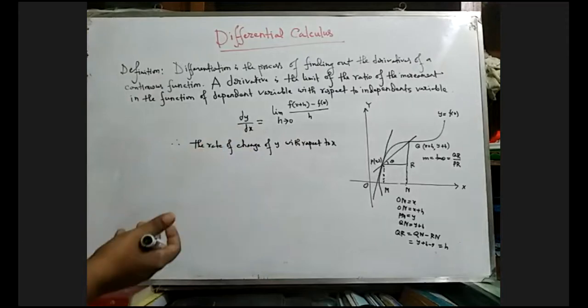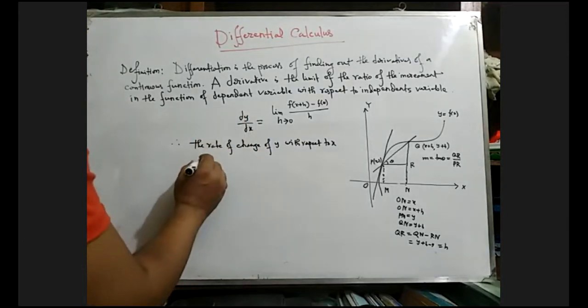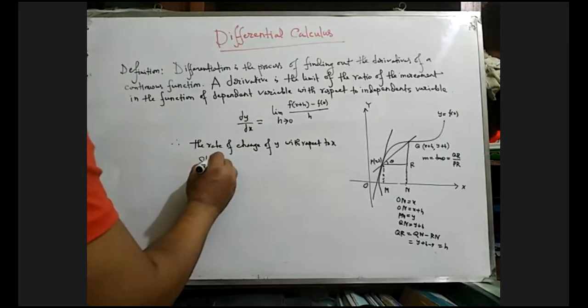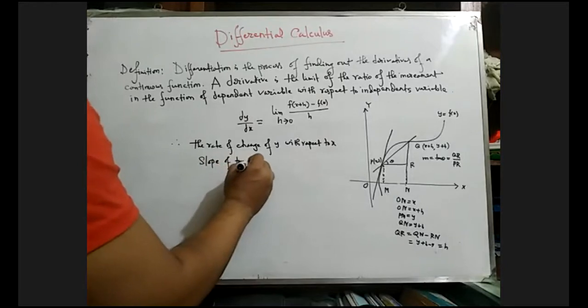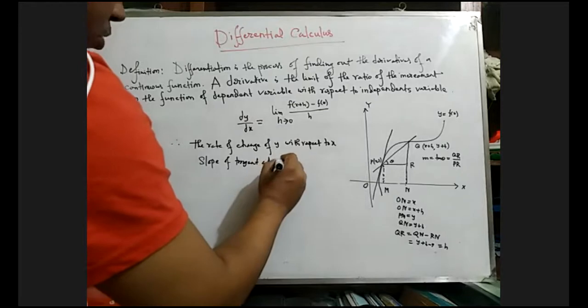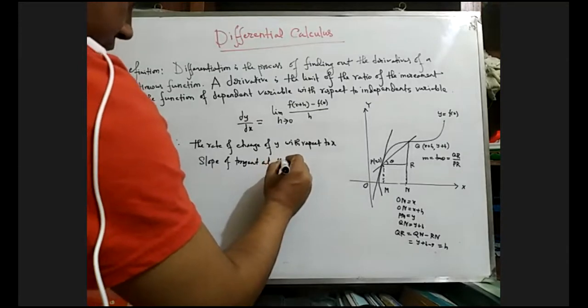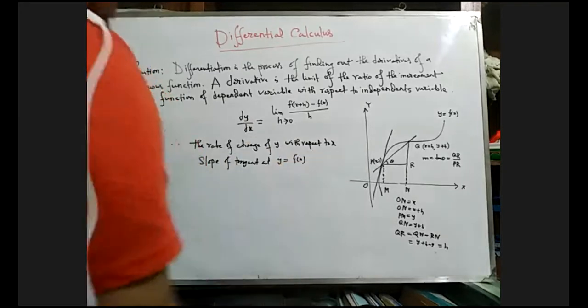This is the physical interpretation, but geometrically, this is the slope of the tangent at any point of this curve. That means slope.